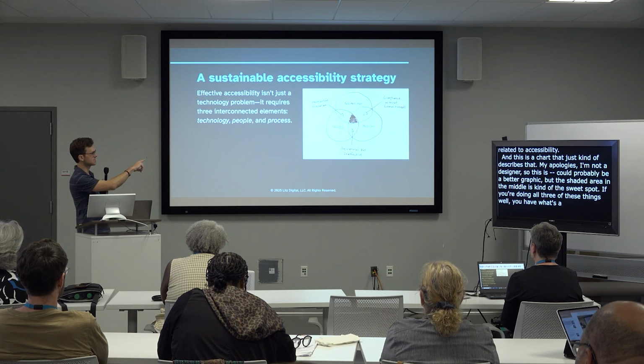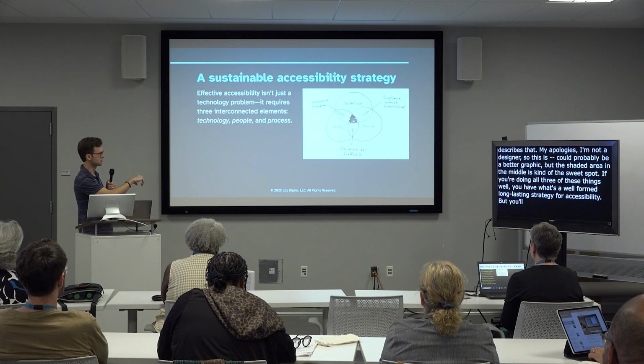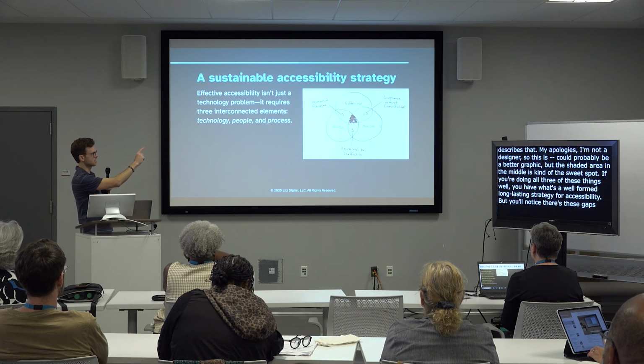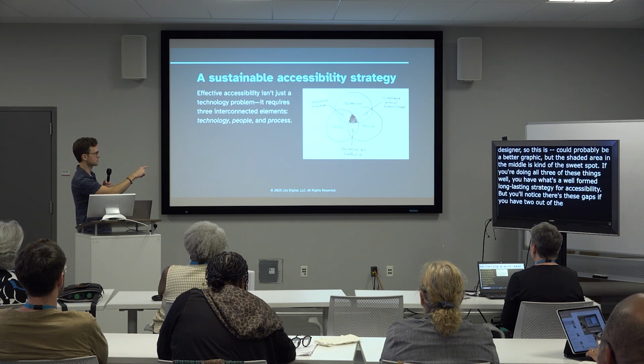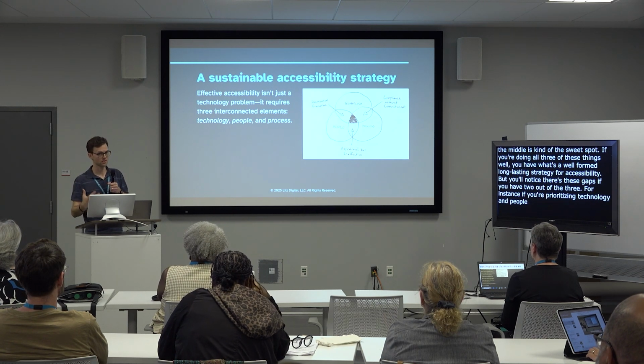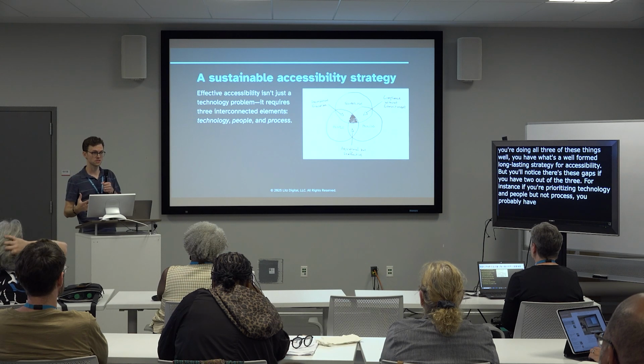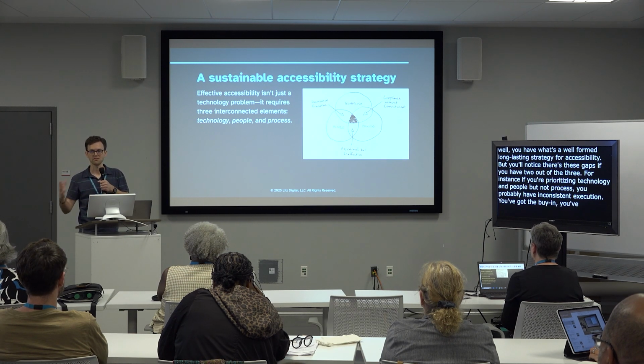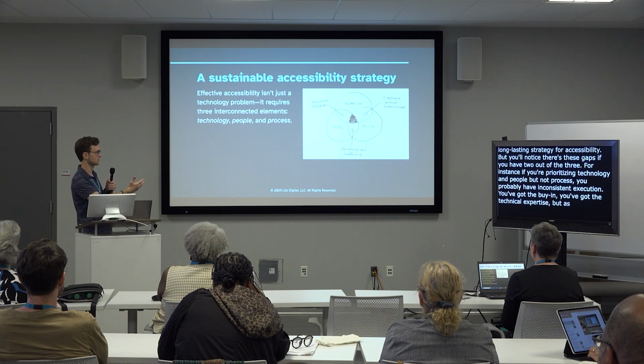But you'll notice there's these gaps if you have 2 out of the 3. So for instance, if you're prioritizing technology and people but not process, you probably have inconsistent execution across your organization. You've got the buy-in, you've got the technical expertise, but as fires come up, you might not have consistent implementation with that. Same with people and process, but not technology.